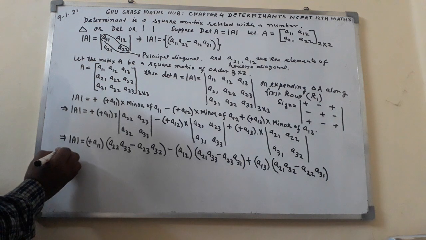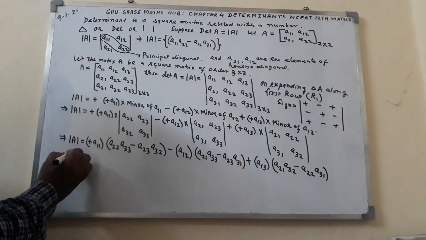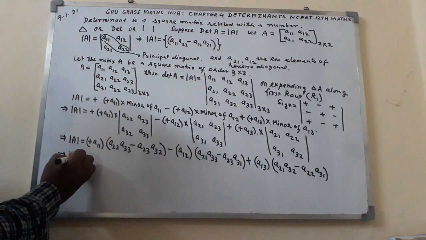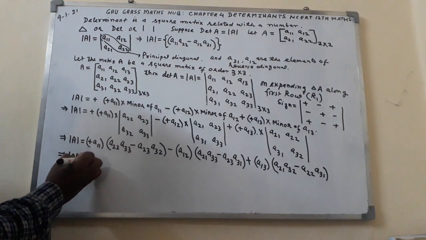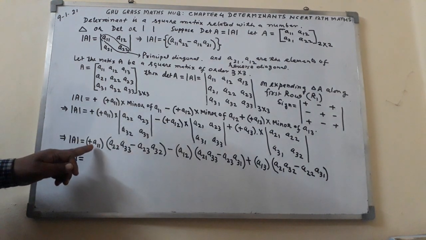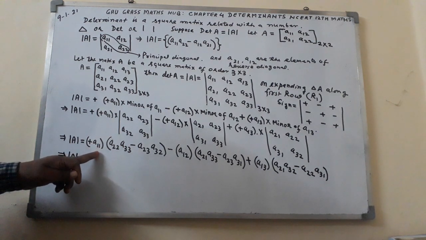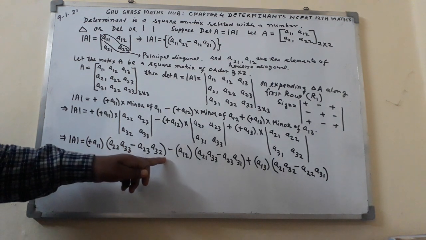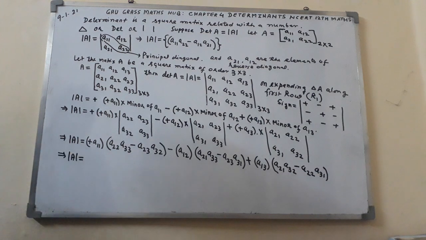Now what will do next? Again I shall write implied that det A is equal to, now A11 will get enter inside, circle bracket will be broken.